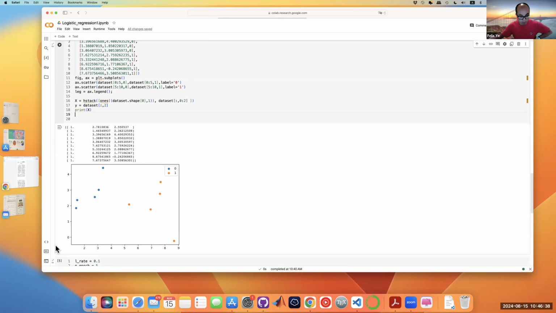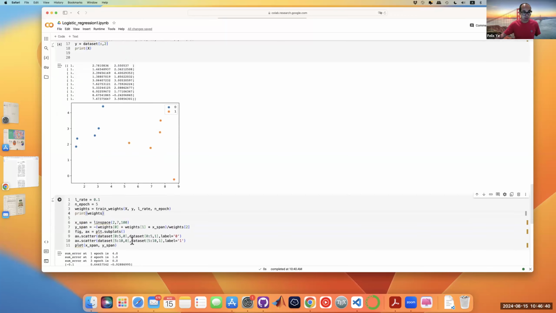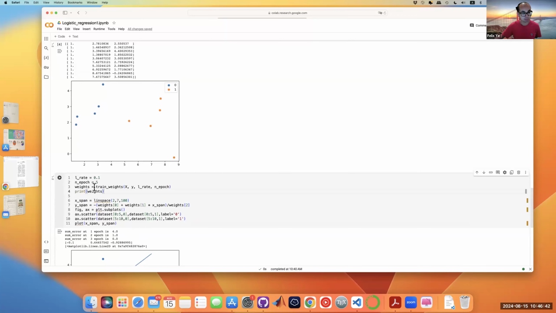blue dots. So what we're going to do is run this for 5 epochs with a learning rate of 0.1. This is a constant learning rate. We always start with a constant learning rate, and gradually, if we need it, we can make this learning rate smaller and smaller.